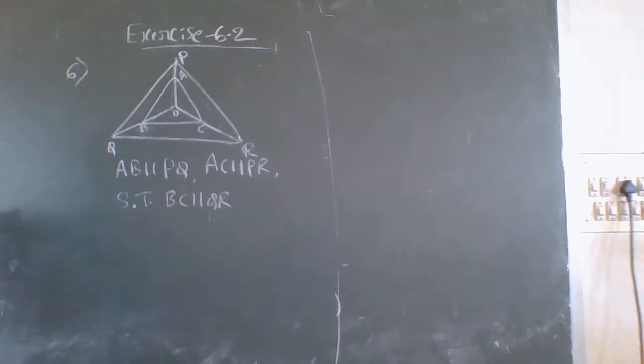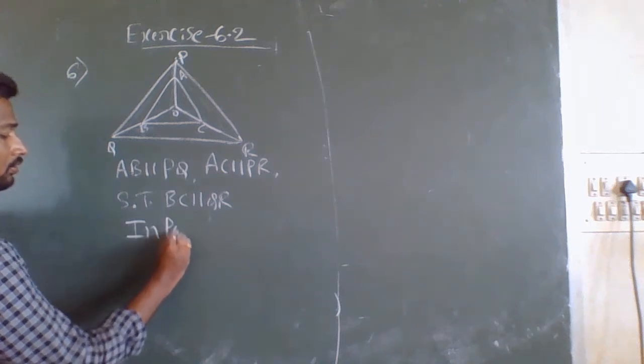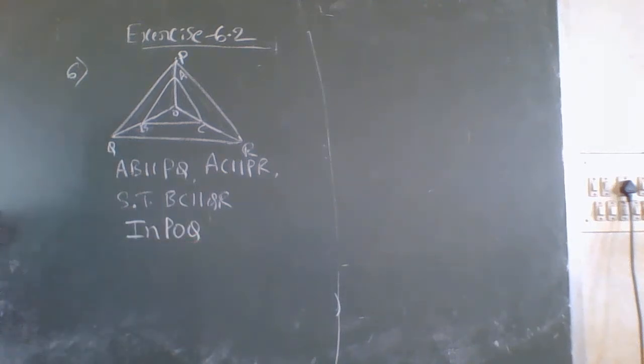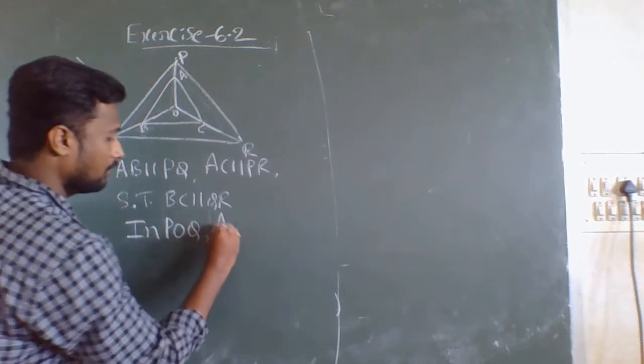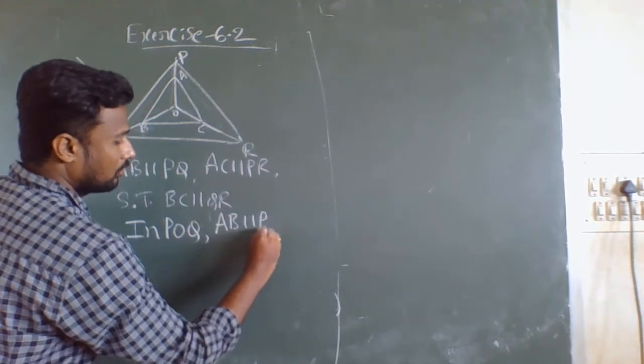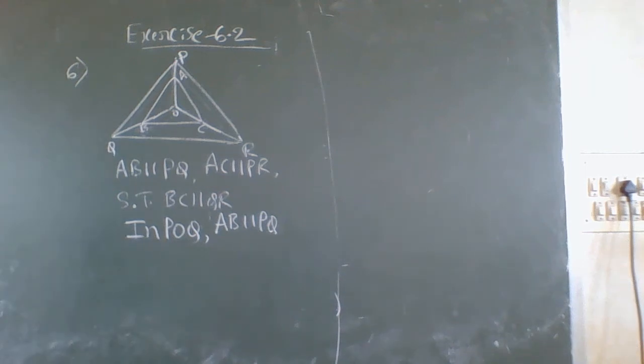Triangle POQ. Here, what are the parallel lines? AB is parallel to PQ. They have given that AB is parallel to PQ. Now, by using the theorem, what can we write?